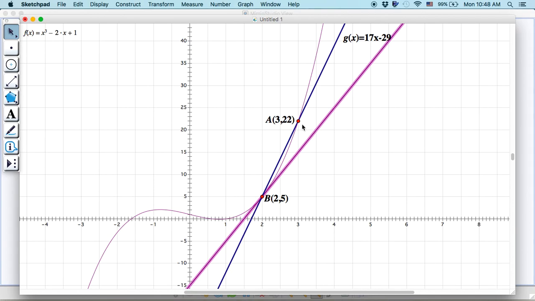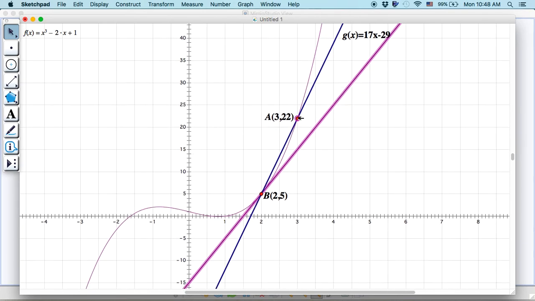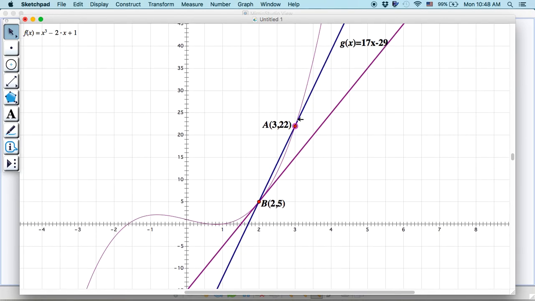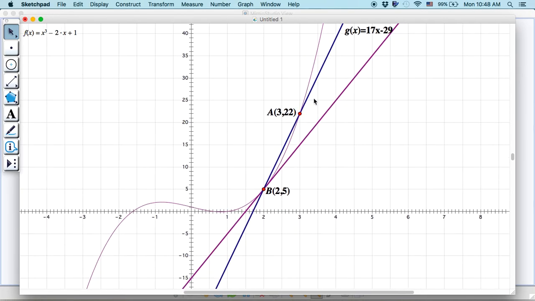The tangent line is what we get if this point, A (3, 12), goes closer and closer. Let me just erase this line.